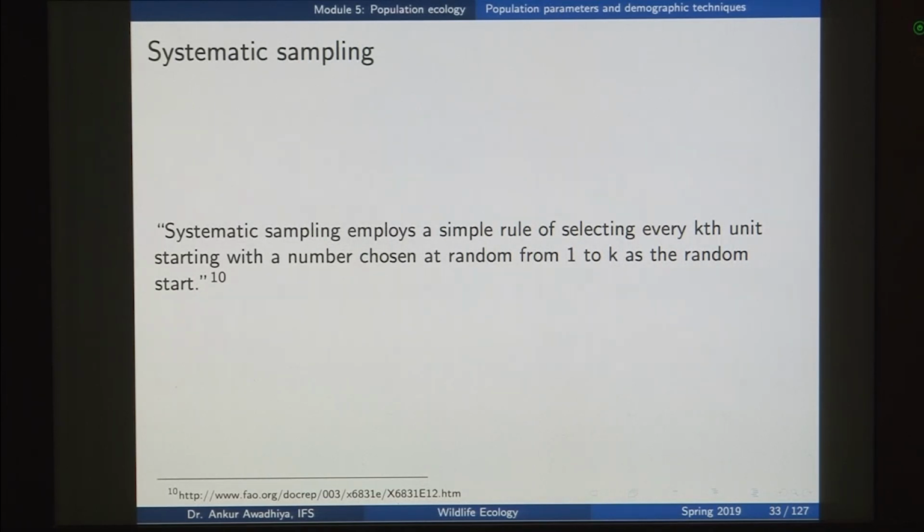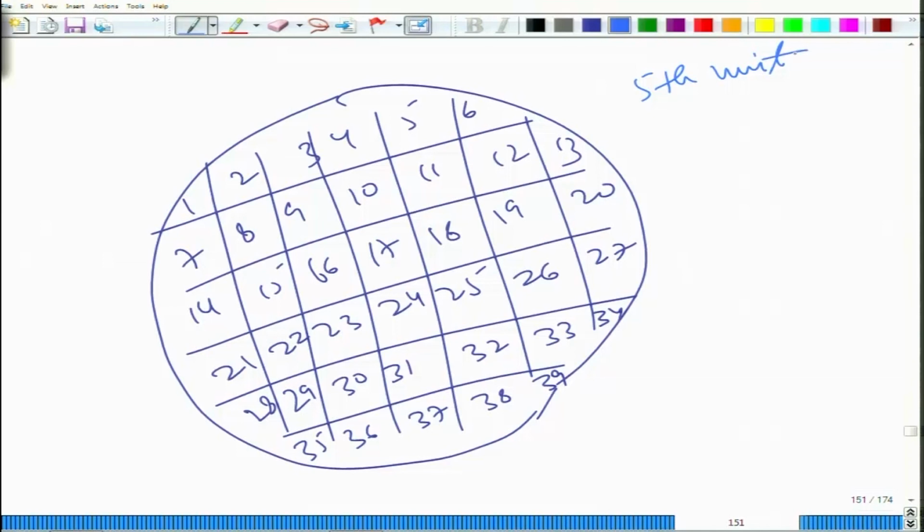So, for instance, in this case we can say that every 5th unit will form a part of the sample, and the first unit will be chosen at random. So, 1, 2, 3, 4, 5, you can choose any of these at random. This can be through a lottery, and suppose you have chosen the third one.